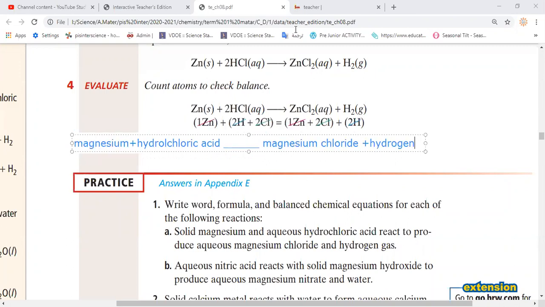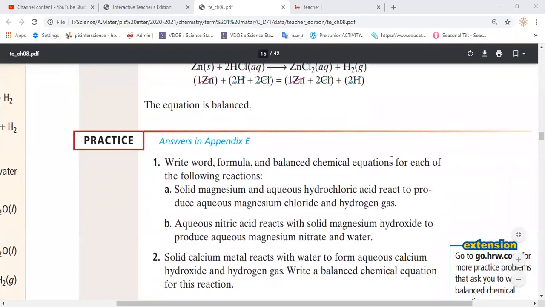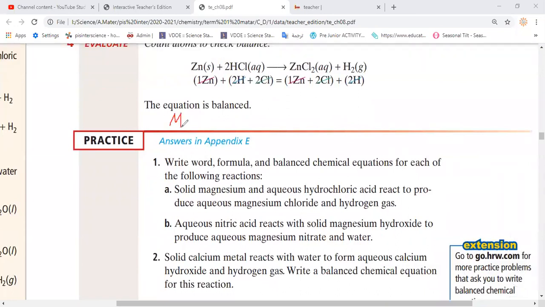Now we need to make it a formula equation. So here we're going to use Mg, that is magnesium, and we said it is in solid state, so we write S between brackets, plus HCl, hydrochloric acid, yields AQ, because it is an aqueous solution.